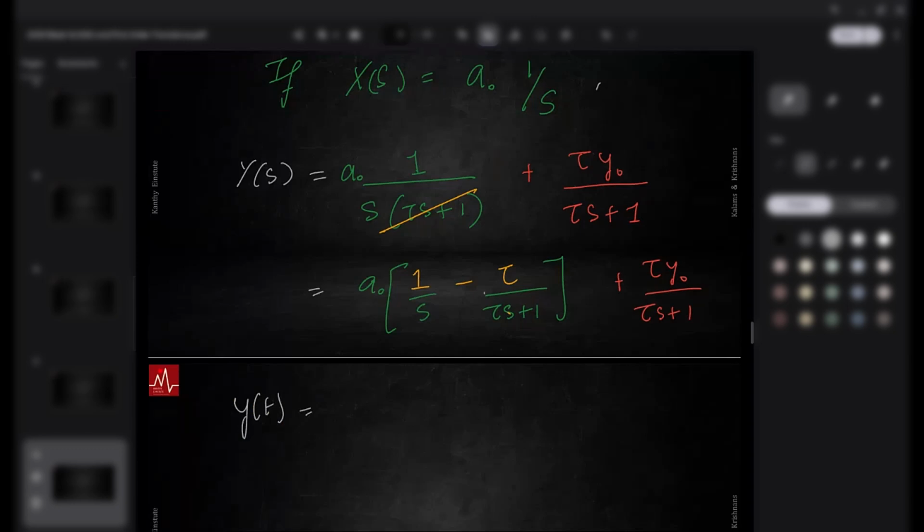Just have 1 over s, and then tau is a constant, tau by tau s plus 1. You could also write this as A naught by s minus A naught by s plus 1 by tau. That is this term. Then you got y naught. Y naught is a constant, s plus 1 by tau.